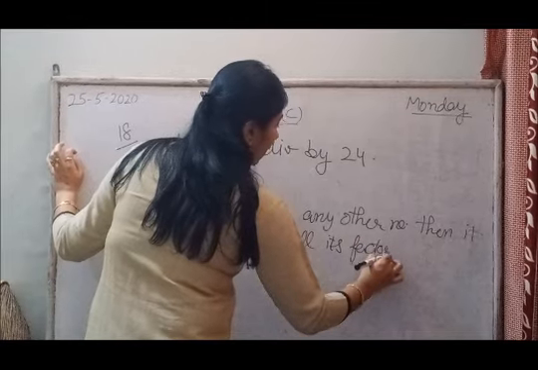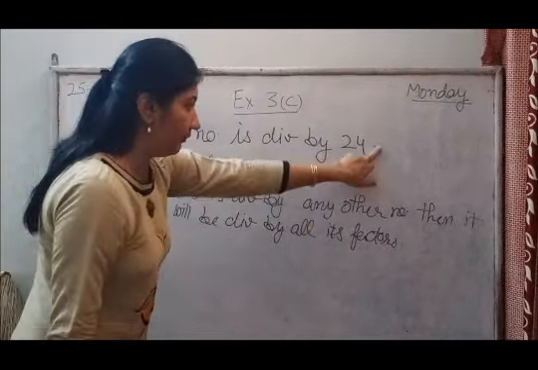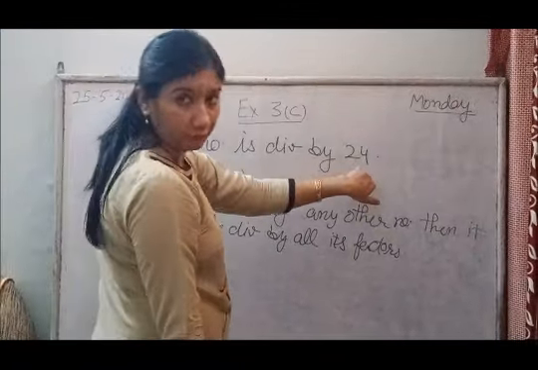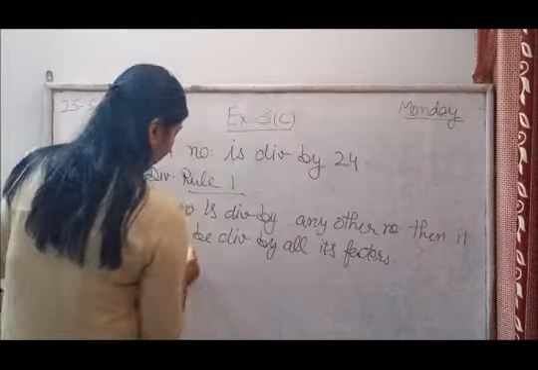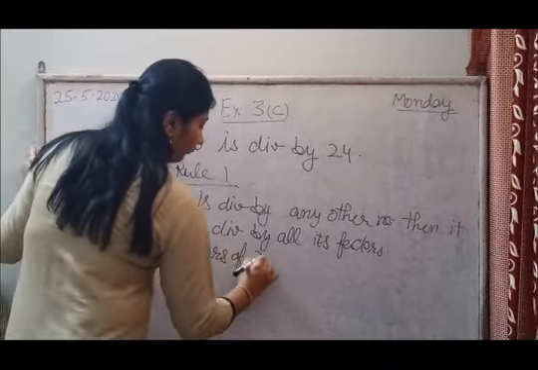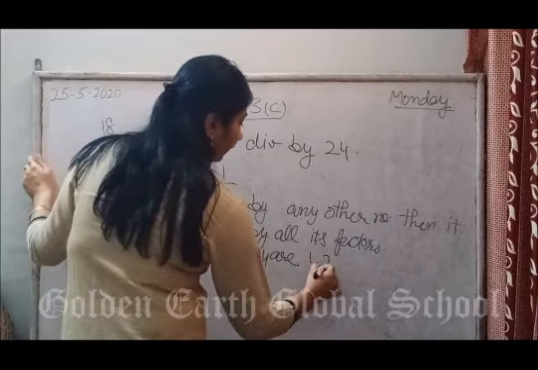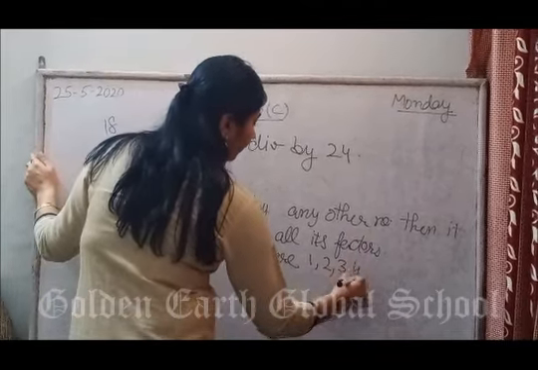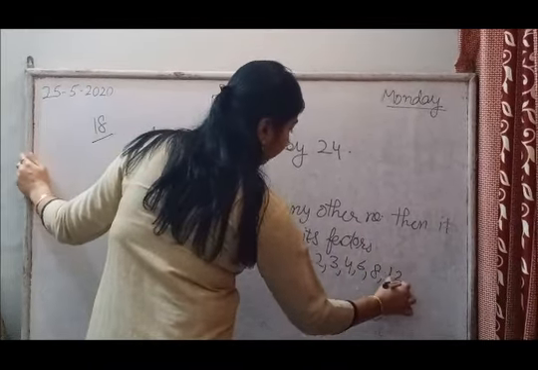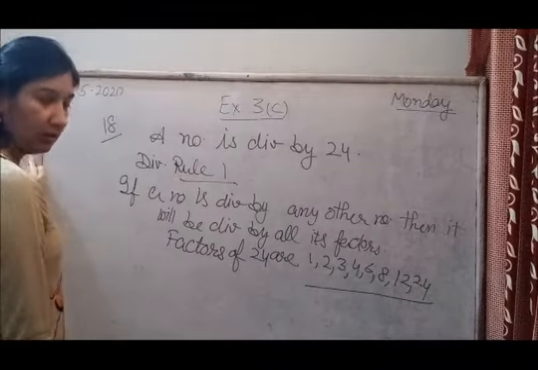It means if a number is divisible by 24, then it will be divisible by all factors of 24. So you have to find the factors of 24. Factors of 24 are, on which table is 24 coming? 1, 2, 3, 4, 6, 8, 12, 24. These are the factors of 24.